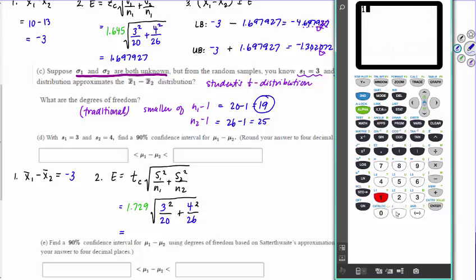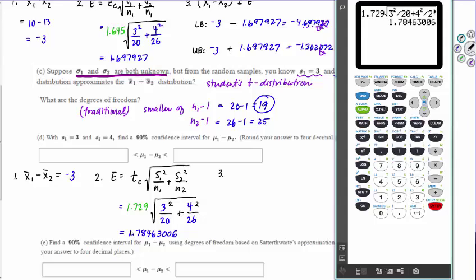We have 1.729 times the square root of 3 squared divided by 20 plus 4 squared divided by 26. An error of 1.78463006 if I write all the decimal places.